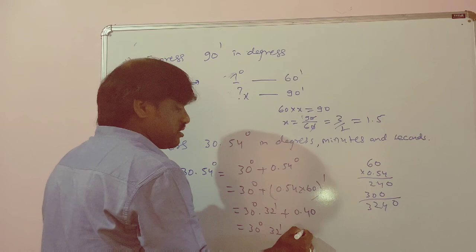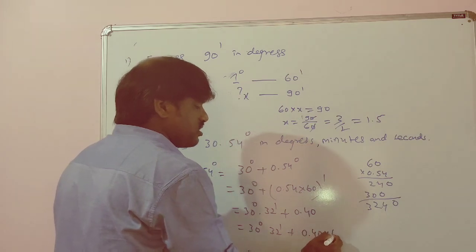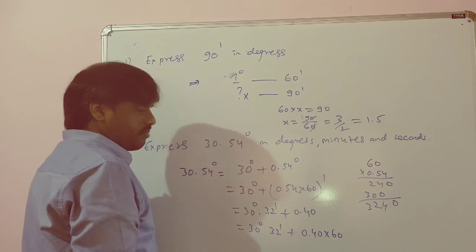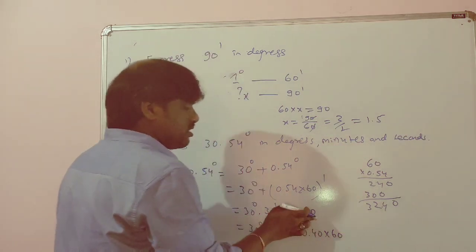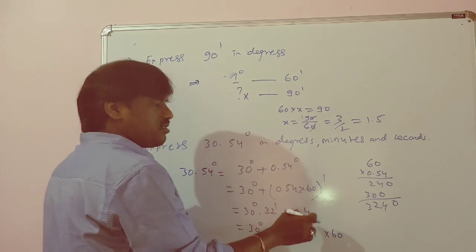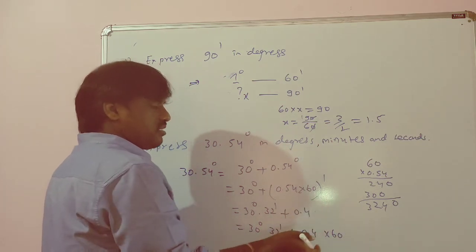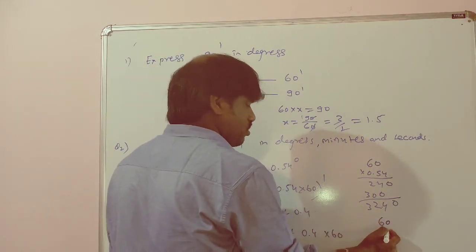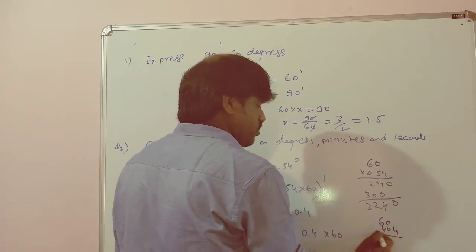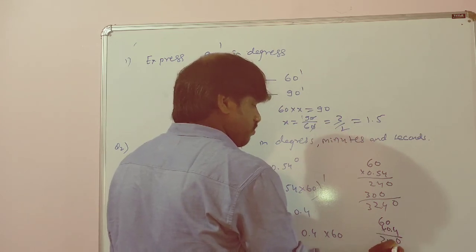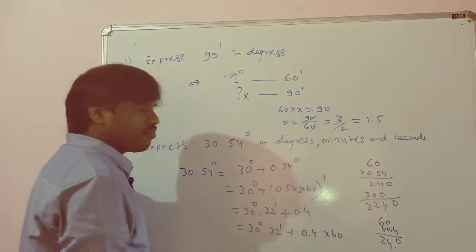0.4 into 60, you can multiply. The 0 after the point is not valued, so directly you can multiply 60 into 0.4. 6 fours are 24, so you get 24.0.